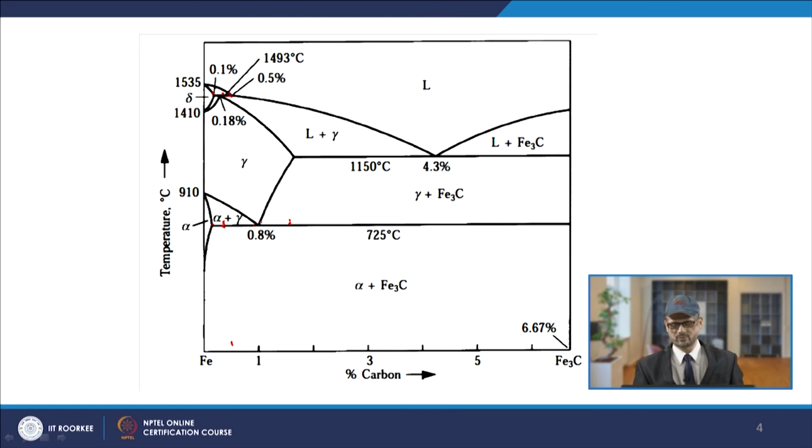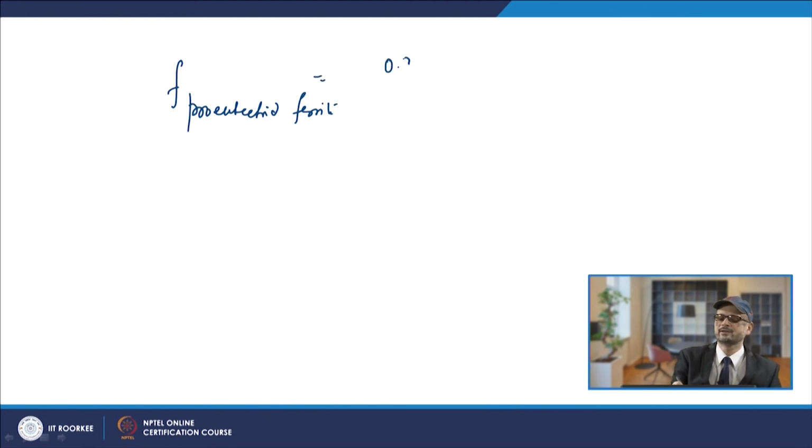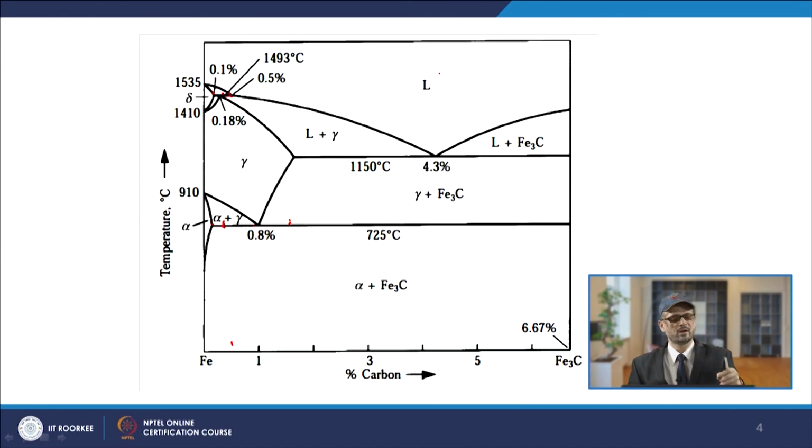So it will be 0.8 minus 0.2 divided by 0.8 minus 0.02, because 0.8 is on this line and the ferrite line is this.